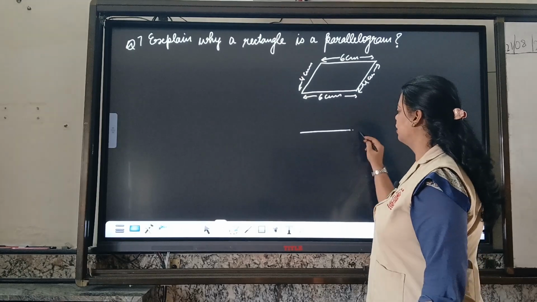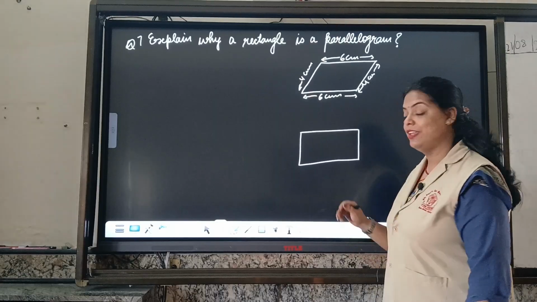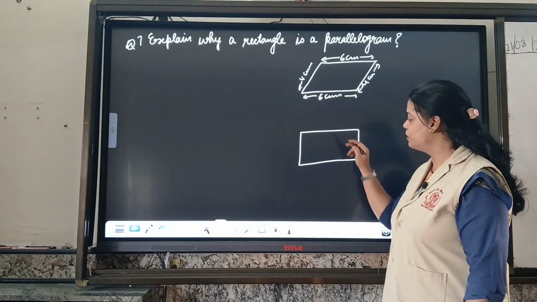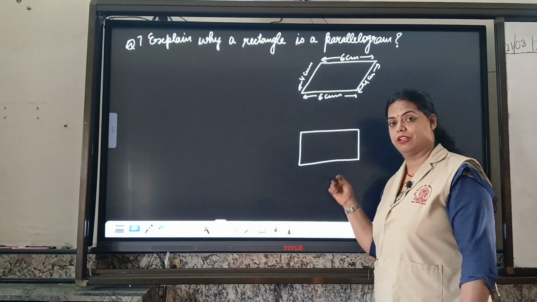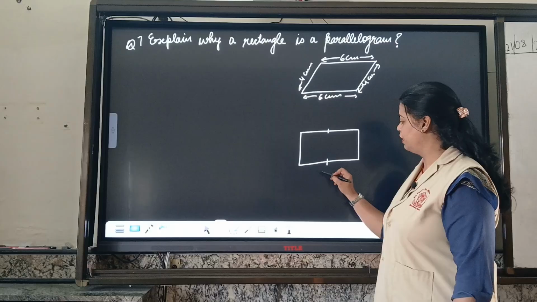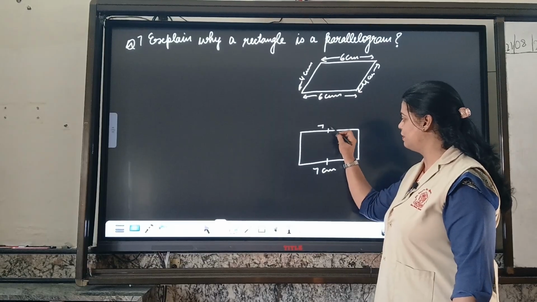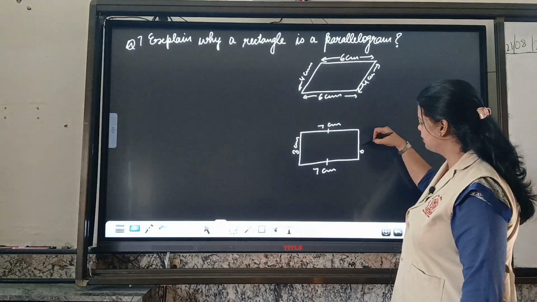Let us check the rectangle. Again we can see in a rectangle the opposite sides are parallel, meaning their distance is the same. So if it is 7 centimeter, this would be 7 centimeter. Here if it is 3 centimeter, it would be 3 centimeter.